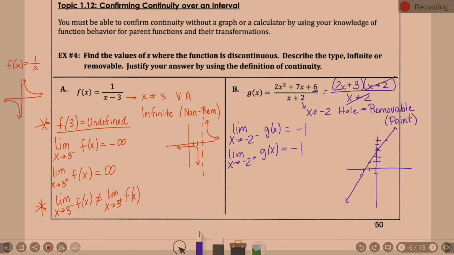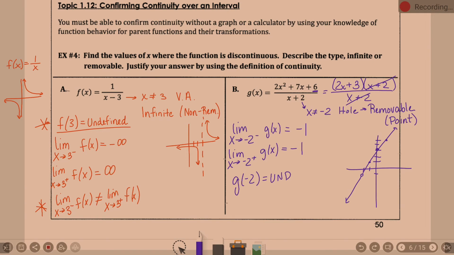Down 2, left 1, down 2, left 1. So right there, my limit does exist, but g of negative 2, actually, I'm going to put this underneath. What do we know about g of negative 2? Undefined. There's a hole there, right? Or it does not exist.